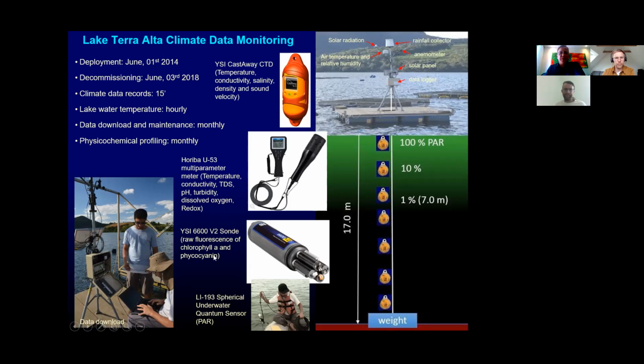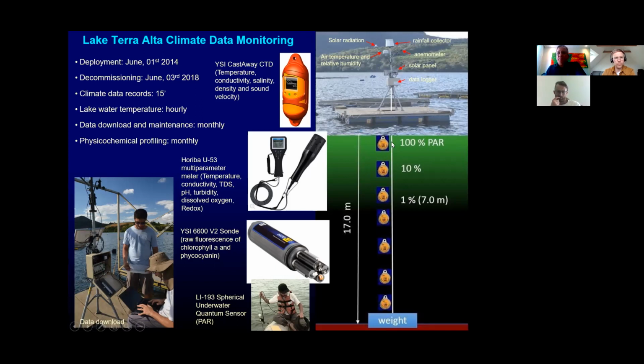This one here is quite interesting because it measures raw fluorescence along the water column, like chlorophyll and phycocyanin. So we can get a very detailed distribution of phytoplankton in the water column, and also the measurement of light available in the system.